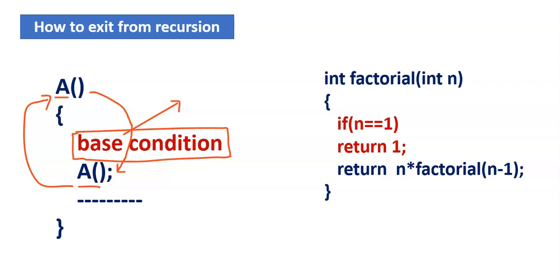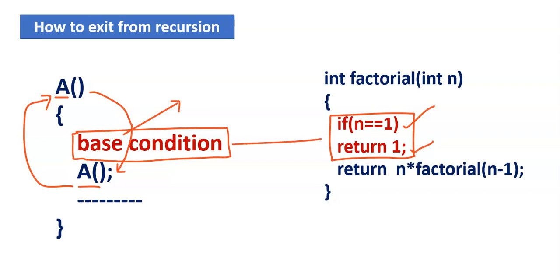Now observe here, this is the factorial function, and this factorial function finds the factorial of a given number, and in order to avoid entering into an infinite loop, here we are using one base condition. What is the base condition here? If the n value becomes 1, then we are executing the statement return 1. This is the base condition, and return 1 is the statement related to the base condition.